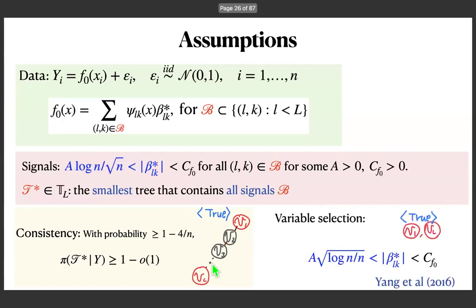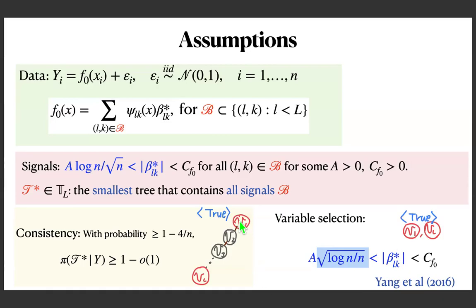Actually, in the context of variable selection, which does not consider the tree shape restriction, it also has the same consistency result, but with a much smaller signal strength condition. The reason is that, let's say V1 and VL are the two true signals. For variable selection, they only need to grab those two.